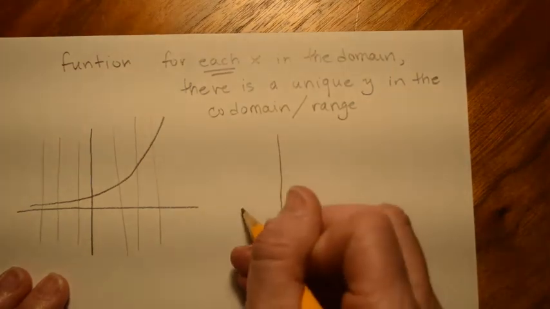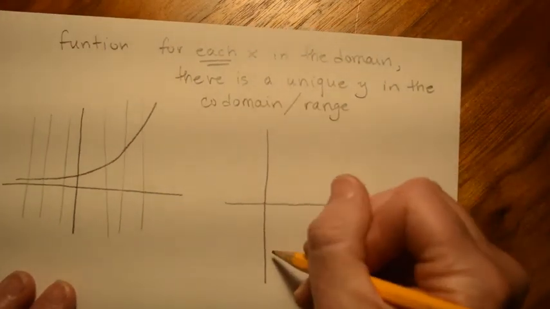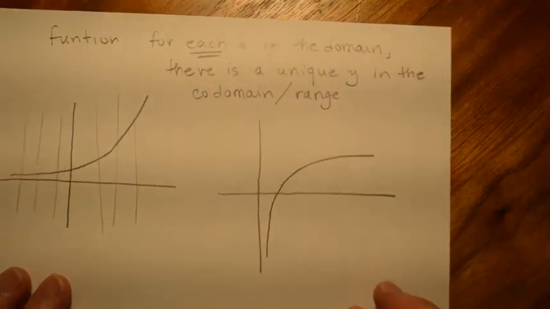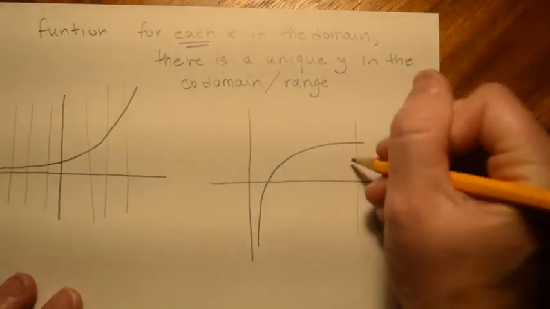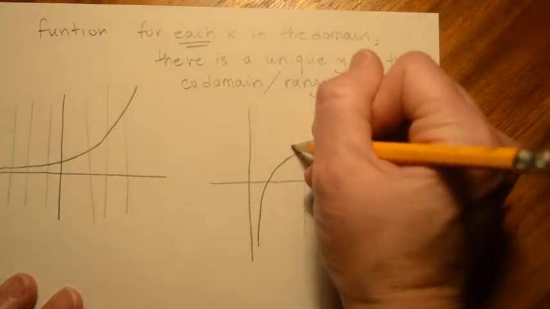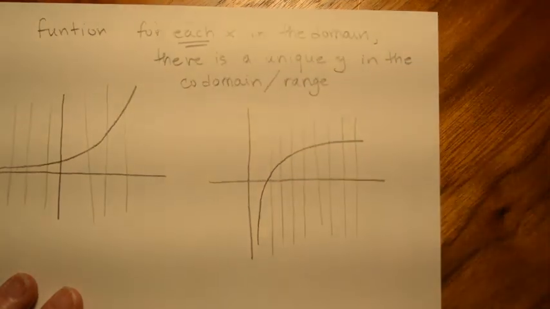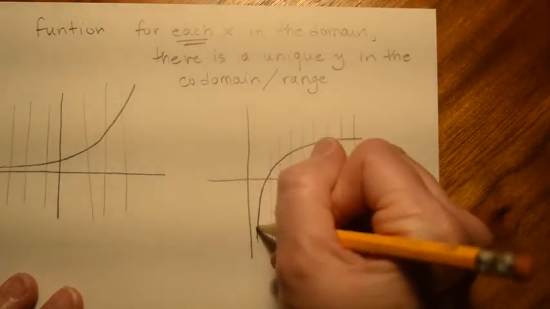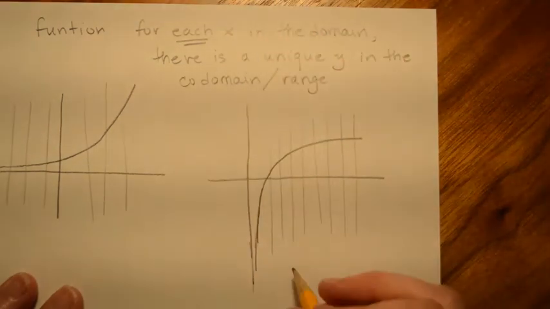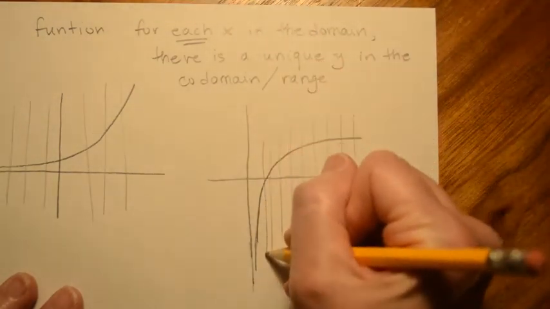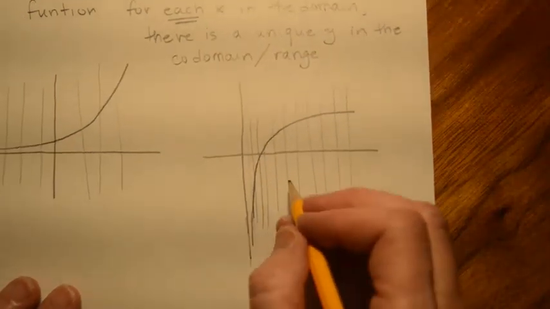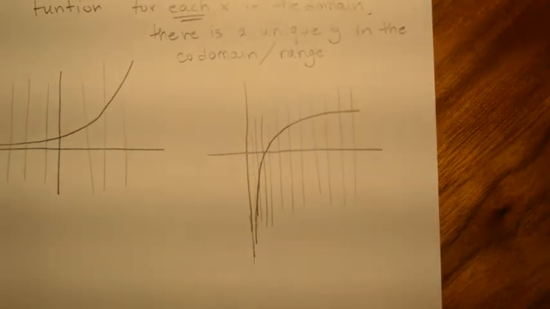We have not yet graphed any logarithms, but here's what they look like as a rule. If I draw a vertical line anywhere, it only hits it one time. So they're both functions. I realize that it looks a little dicey down here, but it's constantly moving closer and closer to the y-axis right here. So anywhere we draw a vertical line here, it's only going to hit it once. And if it doesn't, it's my bad drawing, not the function that's the problem.